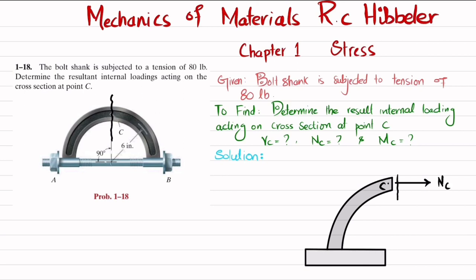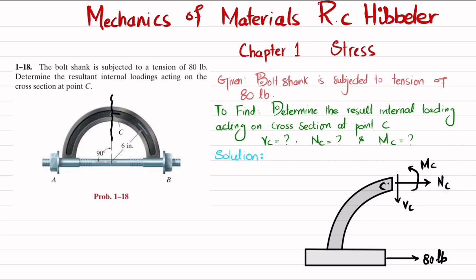There will be a shear force, which will be VC, and there will be a reaction moment, MC. We have been given that in this shank of the bolt we have a tension. So the force that is exerted by this bolt on this portion will be in this direction, and this will be 80 pounds.